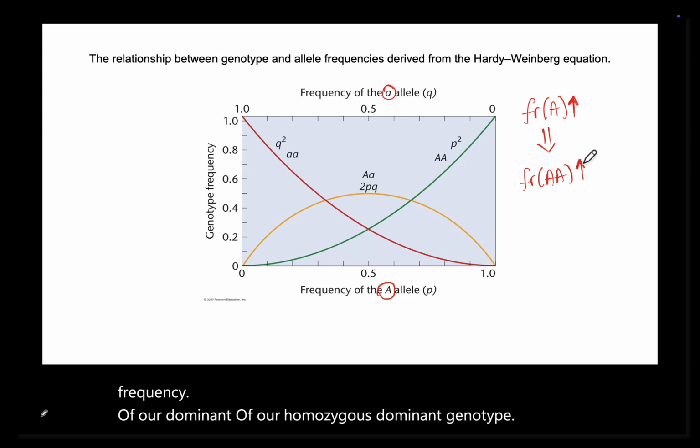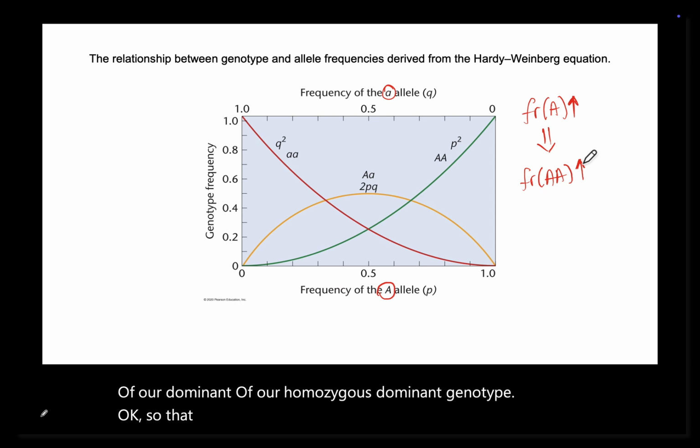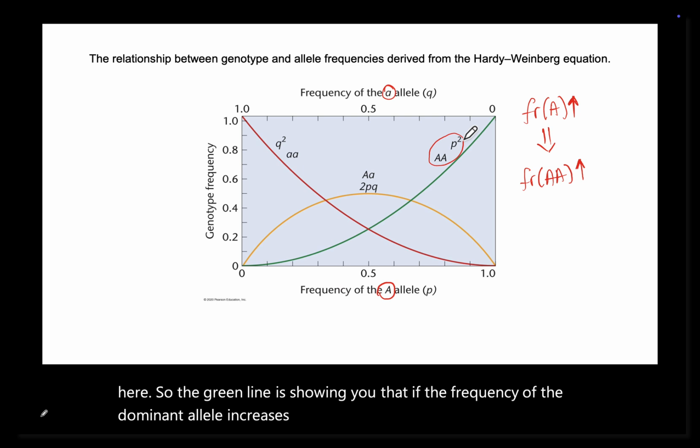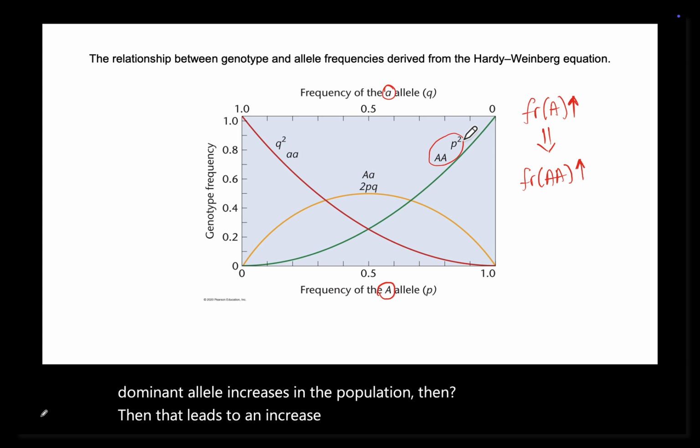Okay? So that is represented in the green line, as you can see right here. So the green line is showing you that if the frequency of the dominant allele increases in that population, then that leads to an increase in the frequency of our homozygous dominant genotype.